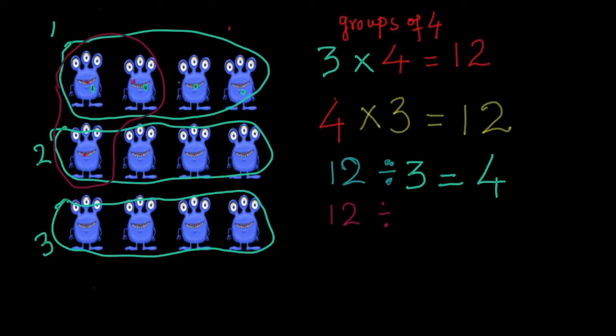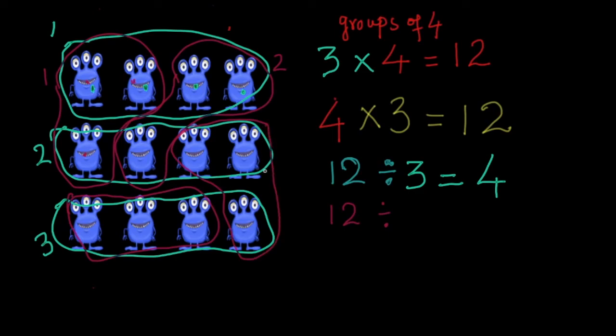So we need to make another equal group which is going to have only 3 aliens. So this is first group, this one is second group, and then we can make another group of 3 aliens, and this is our last group, which is fourth group of 3 aliens.